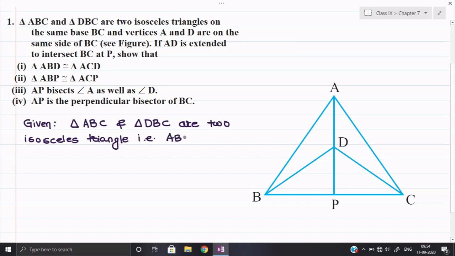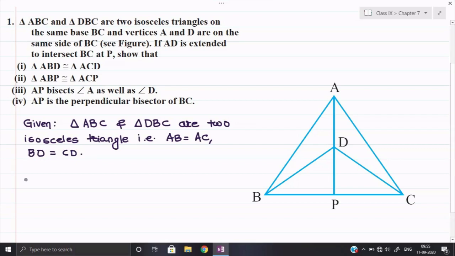AB is equal to AC. Second, BD is equal to CD, because BC is the given common base, so BC cannot be taken with any other side. The two sides that remain will be equal to each other. So the only given is that ABC is isosceles, AB and AC are equal, and DBC is isosceles, BD and CD are equal.